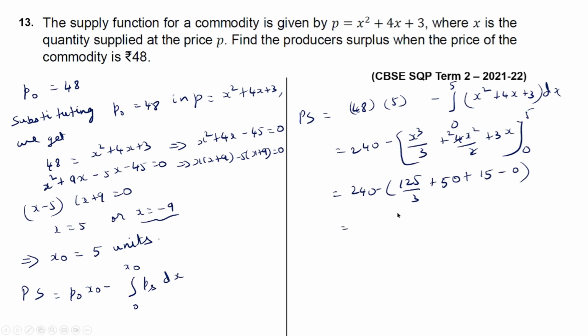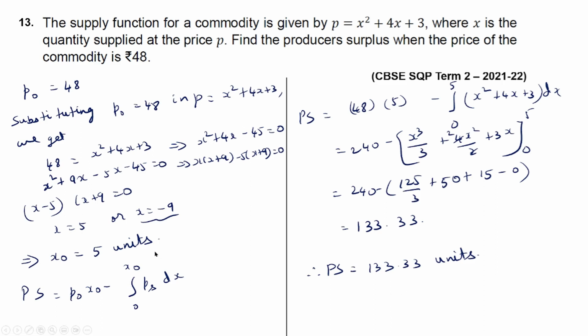So this is 240 minus 50 minus 15 minus 41.67. So this comes out to be 133.33. Therefore, producer surplus is 133.33 units. So this is the producer surplus.